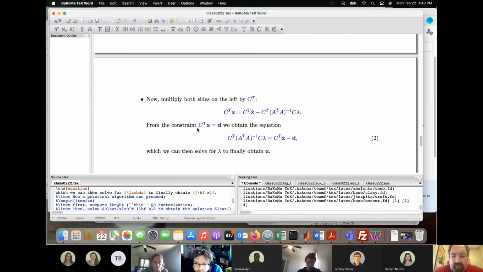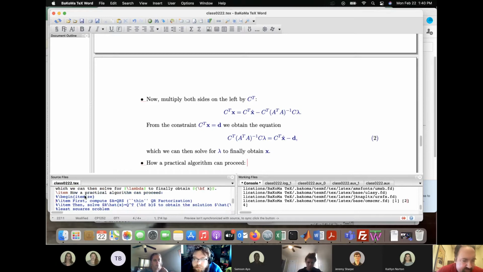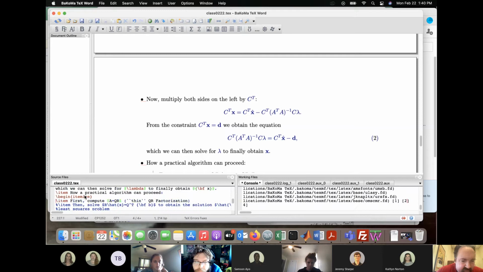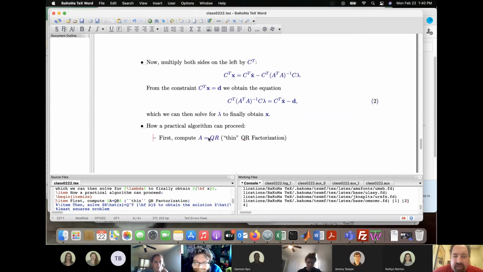So we have the equations to solve on paper, but how would a practical algorithm proceed? Well, first I need to solve the unconstrained least squares problem. Now you could use normal equations, but I'm going to use a QR factorization, the economy size QR factorization.